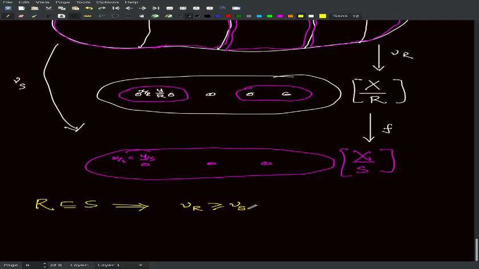So that is one side of the story. This is number one. So as surjections, mu R is bigger than mu S. So the quotient set is bigger, and this is exactly what you all agree.